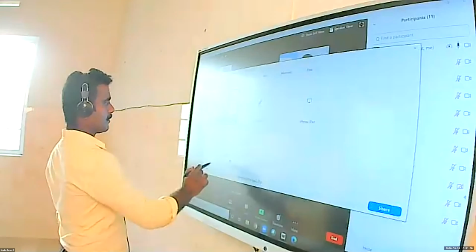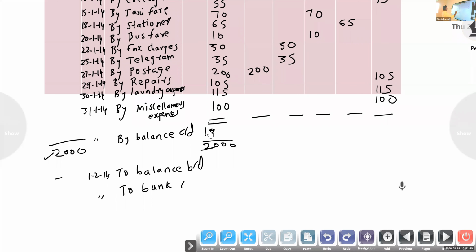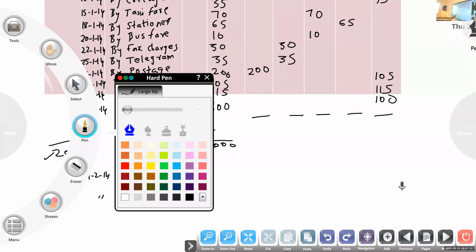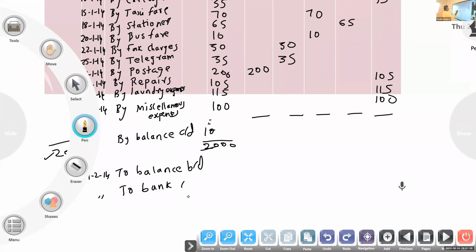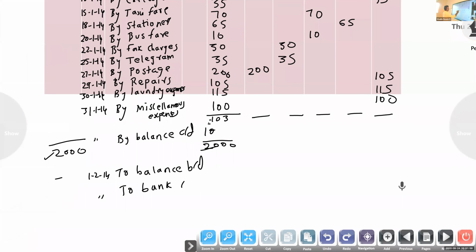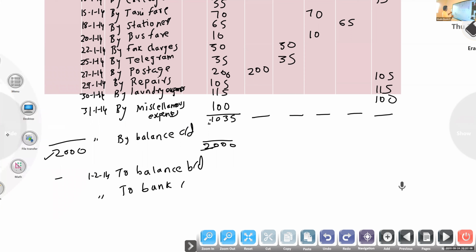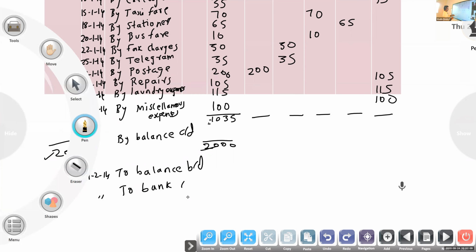So we will write the total here, 1035. Then the balance amount will be 2000 minus 1035, so it will be 965.